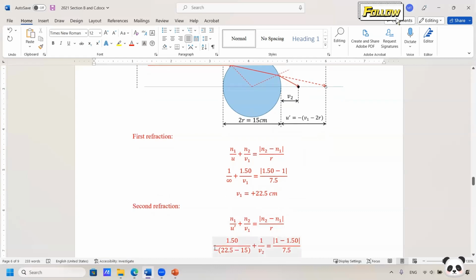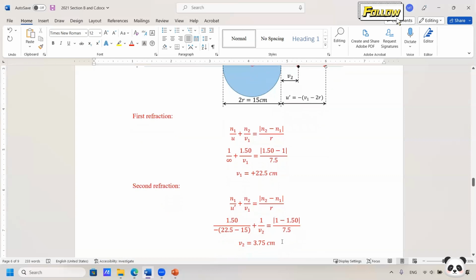So the object distance equals negative 22.5 minus the diameter of the ball, 15 centimeter, plus 1 over V2 equal to here. The approach is still similar to the previous one, except the object distance should be revised based on the first image distance. Do the calculation and you should obtain the image distance of 3.75 centimeter.